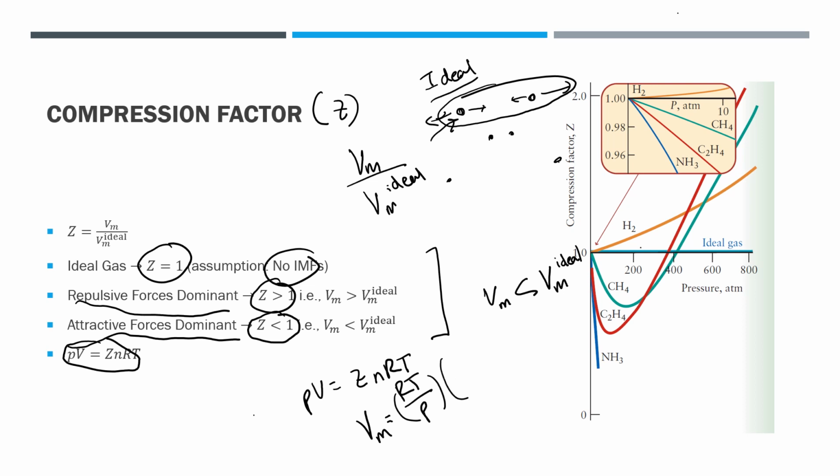And Z, remember, is just V molar over V molar ideal. And this term, RT over P, is the V molar ideal. So this will end up canceling the V molar ideal in the denominator, and we get V molar equals V molar, right? So that's how we can correct this ideal gas law equation using the compression factor.